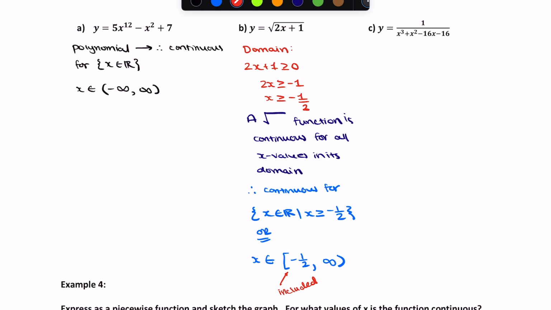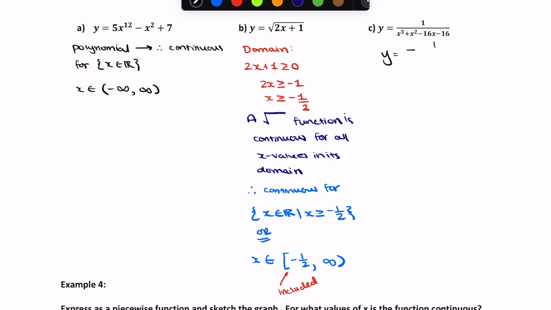Okay, so let's look at this third example here, or C. And so here it's y is equal to 1 over x cubed plus x squared minus 16x minus 16. So here we can factor out some values at the bottom, using factoring by grouping.